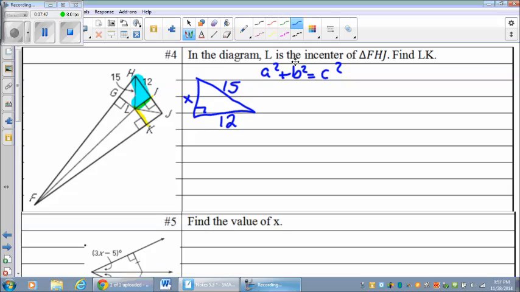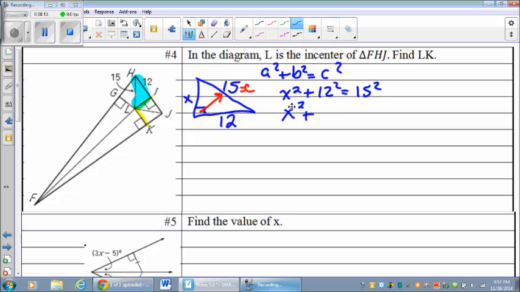The trick of this formula is to know which side is the c side. Hopefully you remember that across from the right angle, or the longest side, is the c side of our formula. If I plug these values into my formula, I have x squared plus 12 squared is equal to 15 squared.